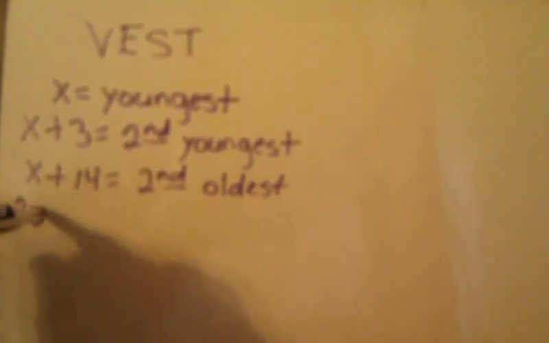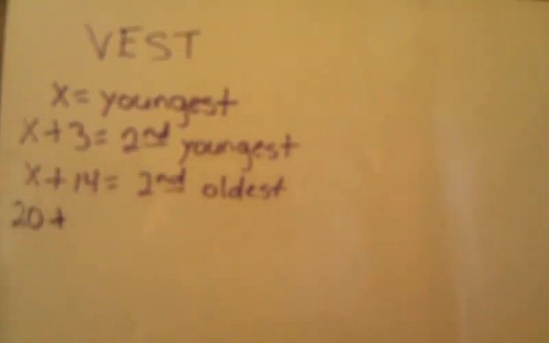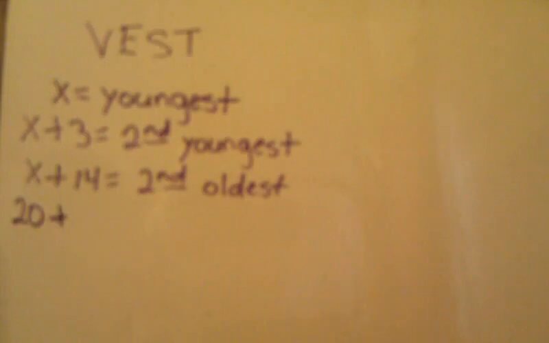Okay, now it says the oldest is 20 years older than the average of the second oldest and youngest. So 20 years older, is that plus or minus? It's plus 20. Now how do I do the average? In order to average them, I have to add them together and divide by 2, right?